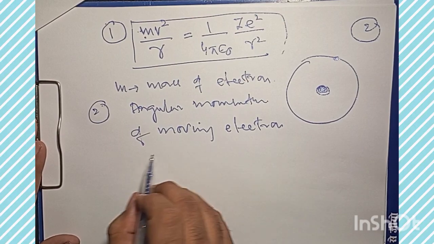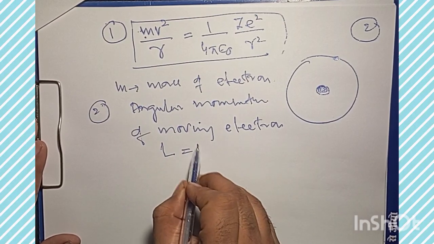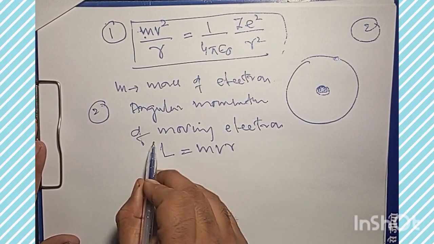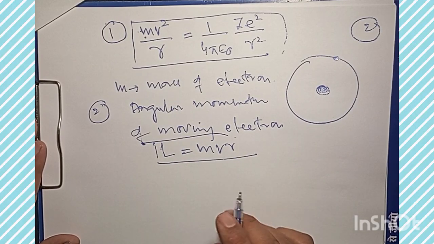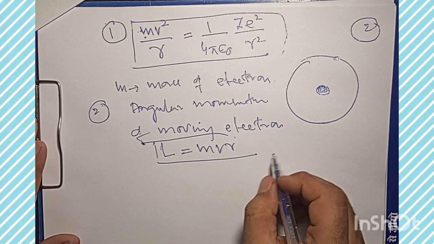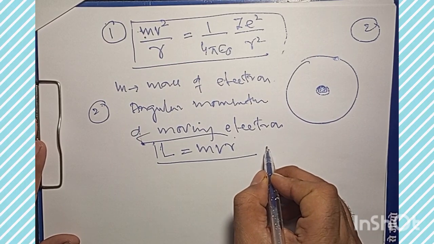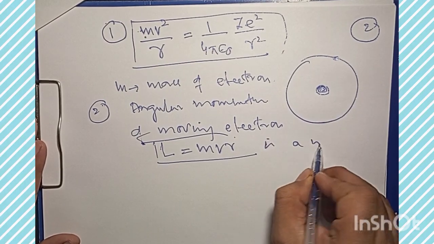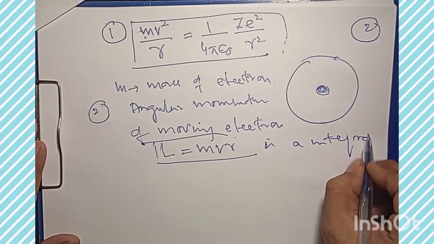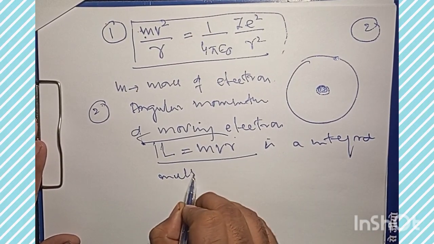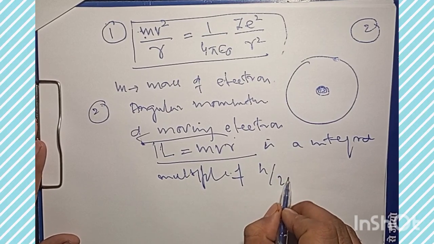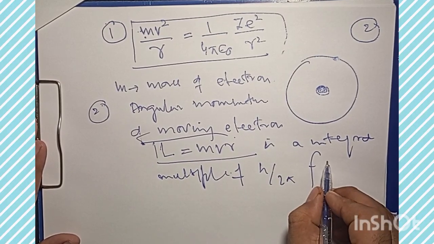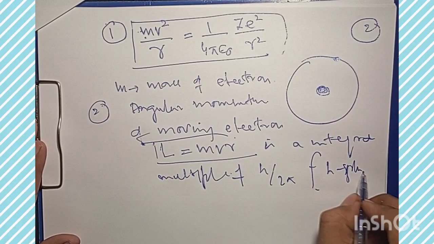What is angular momentum? That's L, that is mvr. The angular momentum of this electron is an integral multiple of h by 2 pi, where h is known as Planck's constant.